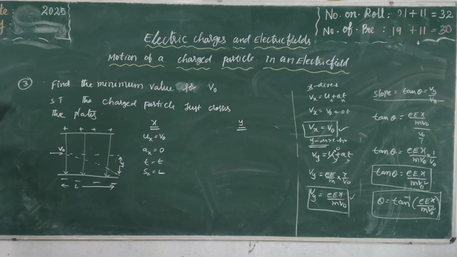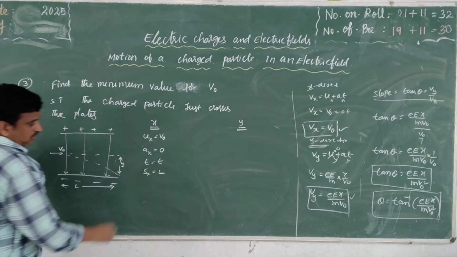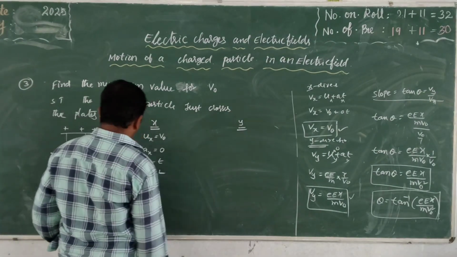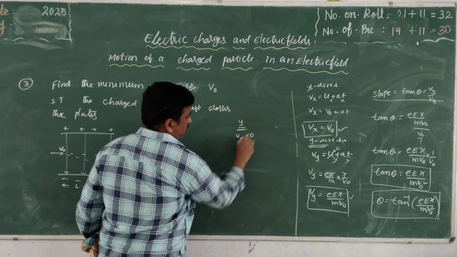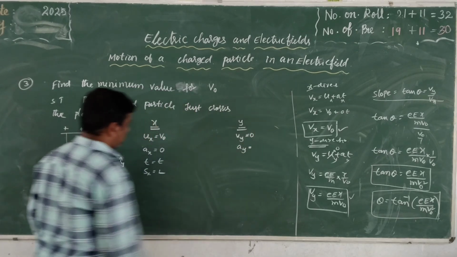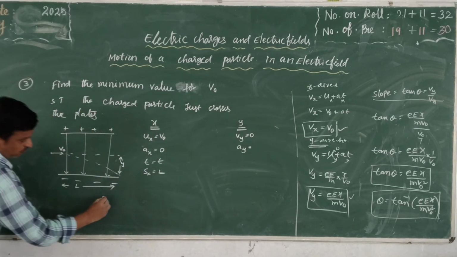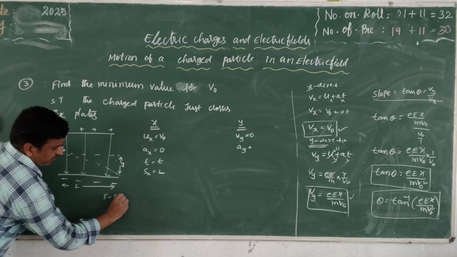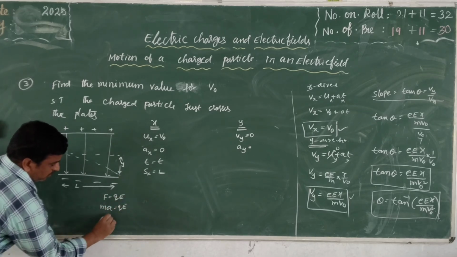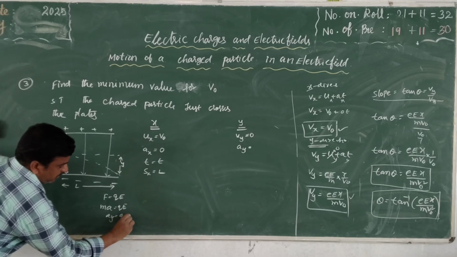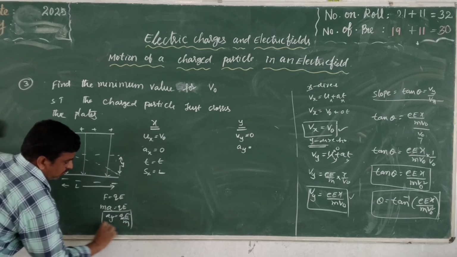Along x axis L. See, we can write here the y direction. Along y direction u y equal to 0. Acceleration along y axis: force equal to QE, so force means ma equal to QE. a equal to QE by m along y axis. So this is the acceleration along y axis.